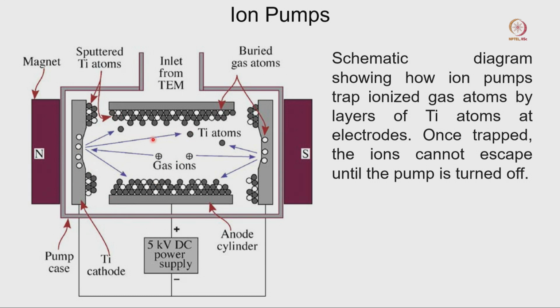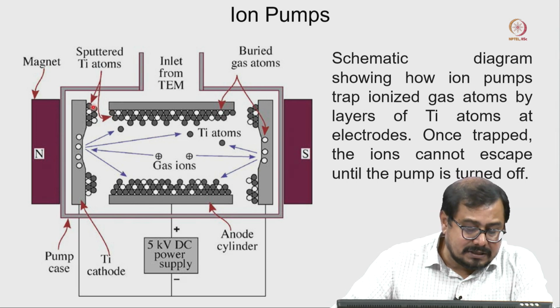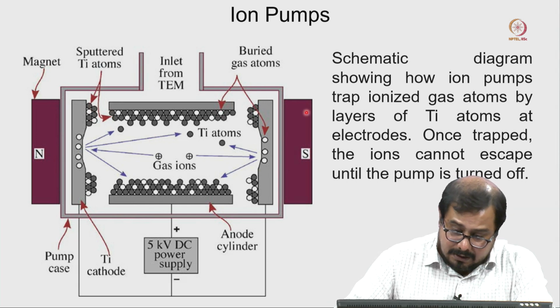So, if you consider that a water molecule is there and it is ionized into H plus and OH minus, and then other air molecules are also ionized, this titanium will interact with them, form titanium oxide, and trap those gas molecules with those ions.